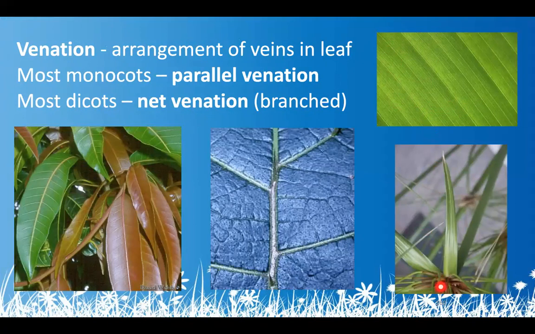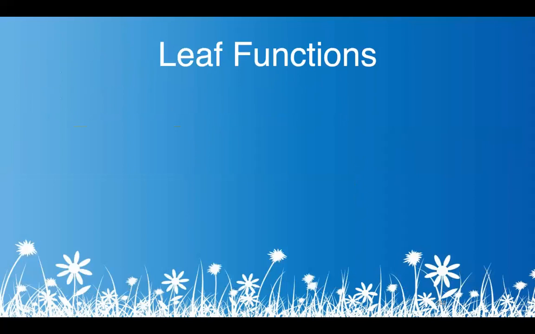They're all parallel to each other. And with net or branched venation, you can see that it branches off, and then even smaller branches here. Here is just one main vein per blade, and then you can see that it branches off on the sides there. And as I said, leaves play a huge role in identifying plants.